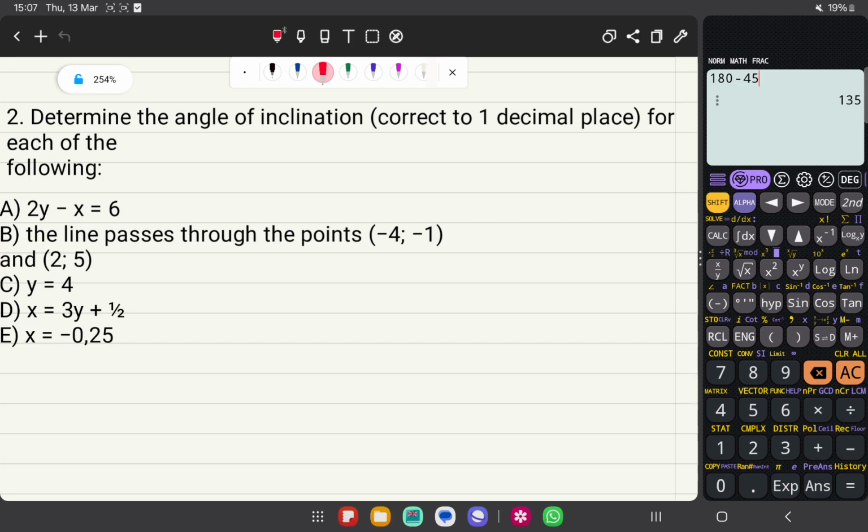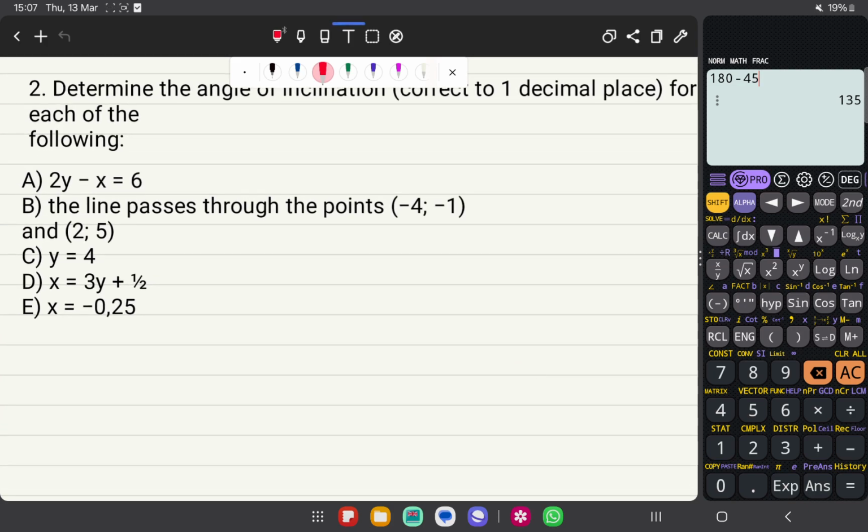So we determine the angle of inclination and we correct the following to one decimal place. The first one: I can say y is equal to 1/2 x plus 3. I just transposed my x and then divided by 2.